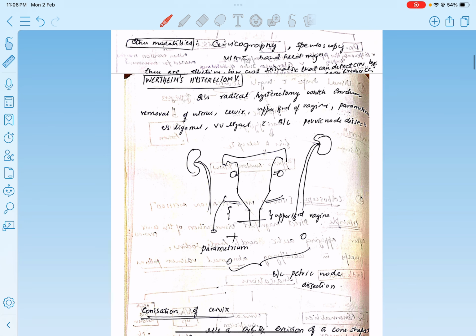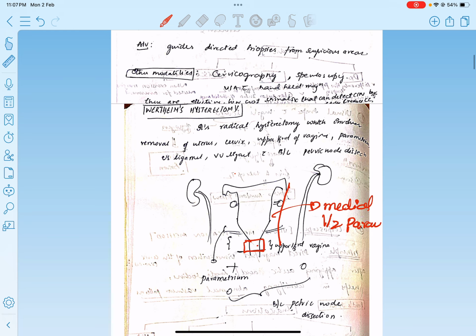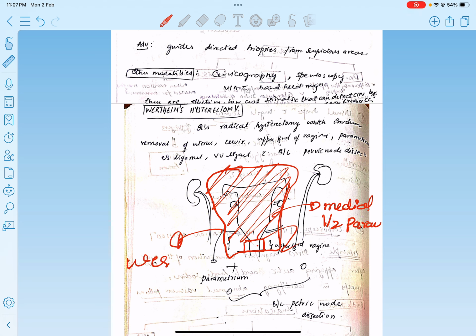Okay, then what is Wertheim's hysterectomy? This involves the upper 1/3 of vagina and the medial half of the parametrium. When this is being cut, this is called Wertheim's hysterectomy, with pelvic node dissection also.